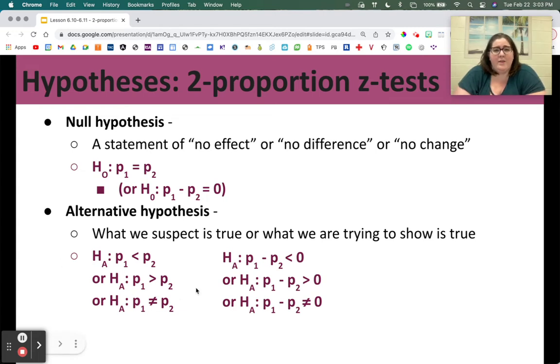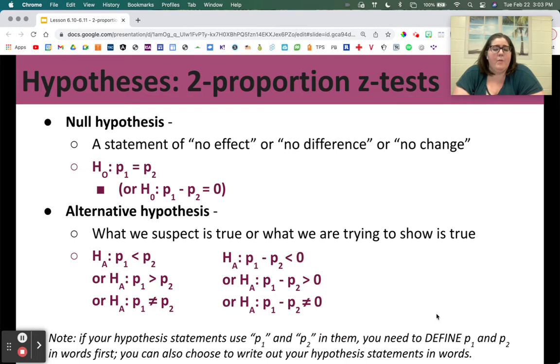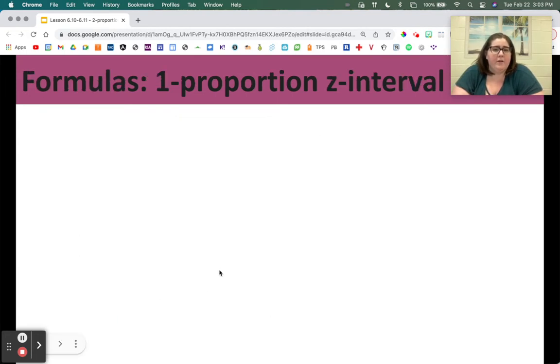It's okay to write it either of those ways, but that's essentially what our hypotheses are. Remember, we need to define our parameters first, so we're defining p1 and p2 before we start using them in our hypothesis statements. You can also choose to write your hypotheses out in words completely if you want to.